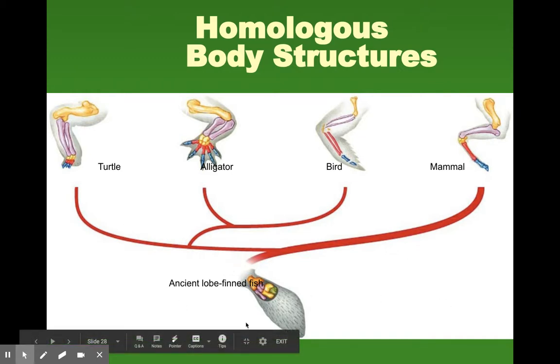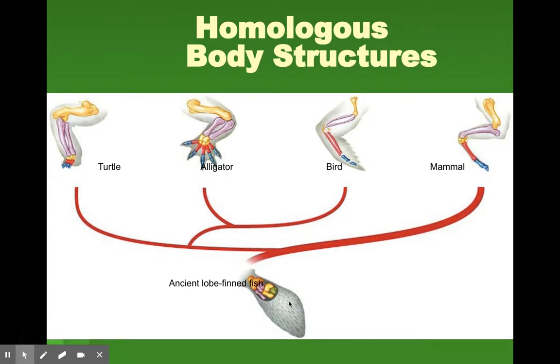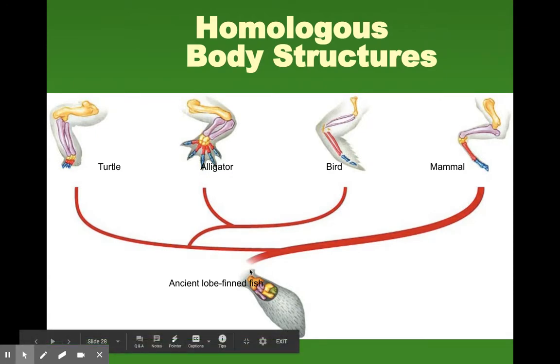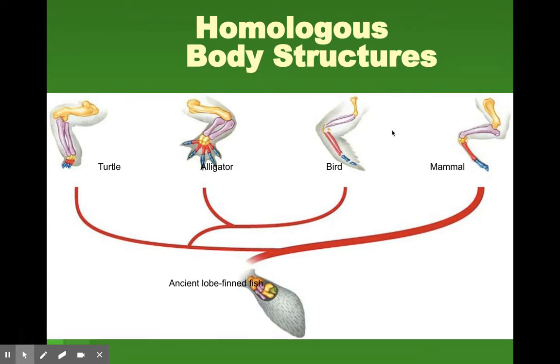This is an ancient lobe-finned fish. This is where scientists believe it all started from, which has very similar bone structures and led to these varying different species. Here you can see each of them has basically a toe muscle. They have some form of forearm muscle here, in the red.